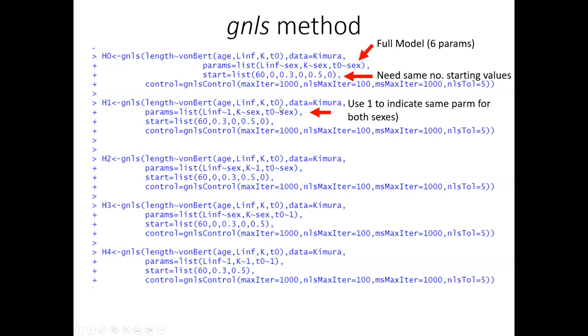You still need all of the parameters you're estimating in this params list, but to keep it the same across the groups, you use this 1. This one is for assuming the same L infinity across the groups. Next one is same K. The final one is T0, and then the single model down below.